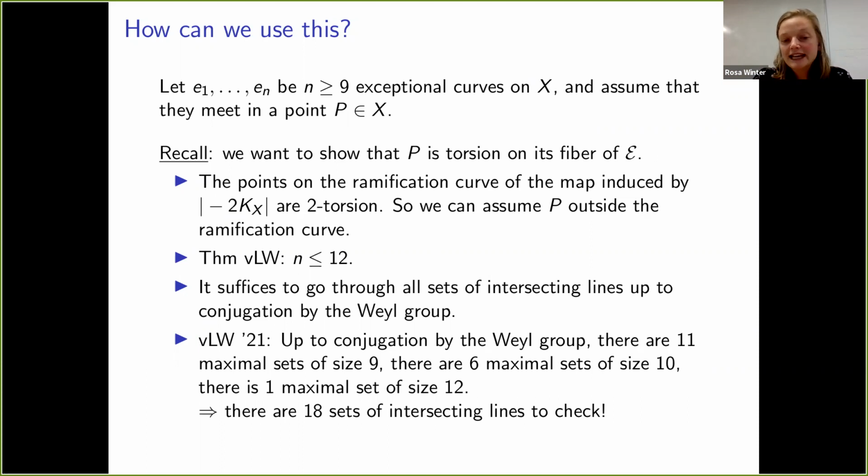So there are actually only 18 sets of intersecting lines to check. So these E1 to En are always contained in one of these 18 sets, basically, up to conjugation by the Weyl group.